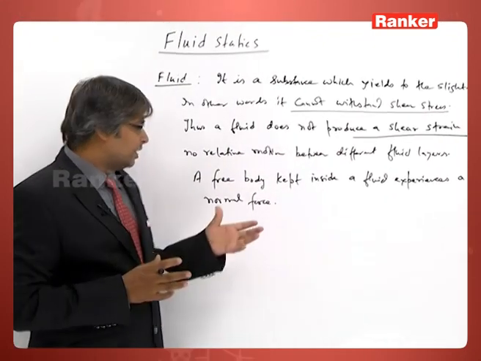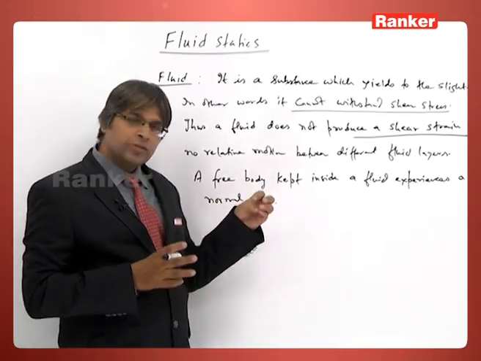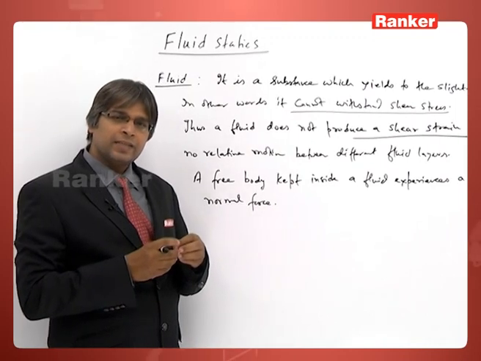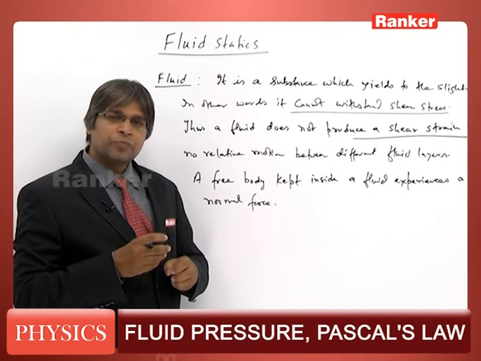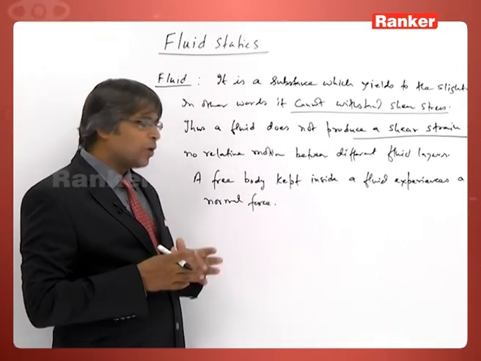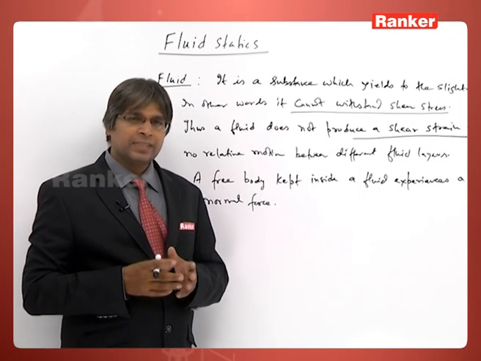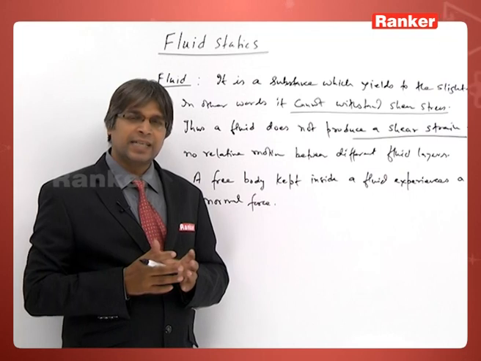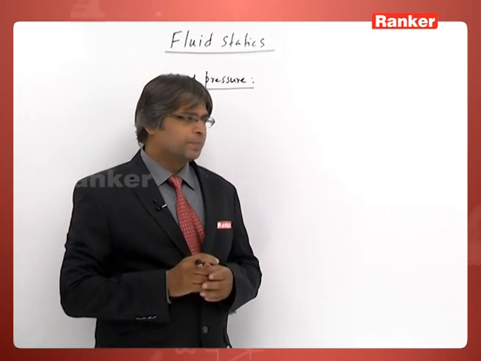Thus we see that the force is always normal to the surface of a free body. Thus, we can define at each and every point inside a fluid a property called pressure, which is a scalar quantity. Let us see how to define the pressure inside a fluid. Now, let us define fluid pressure.